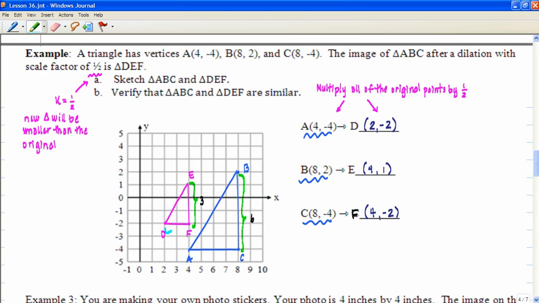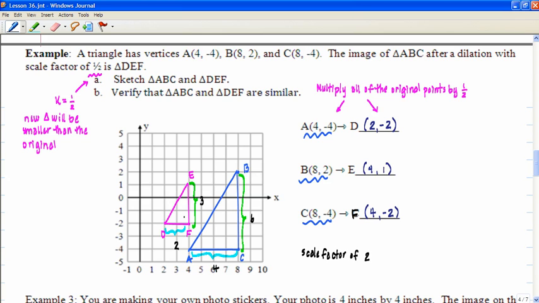So let's look at side DF and AC. So DF is 2, and AC, 1, 2, 3, 4. So it looks like when I compare these corresponding sides that I have a scale factor that is consistent of 2.